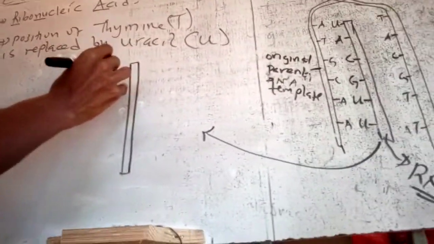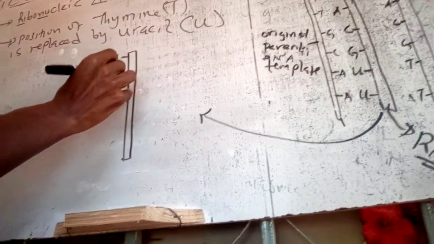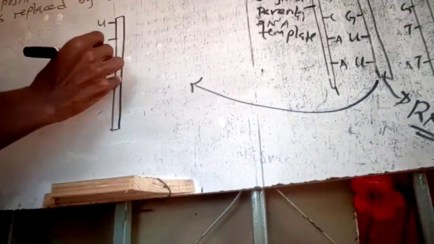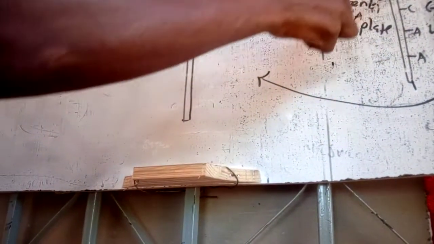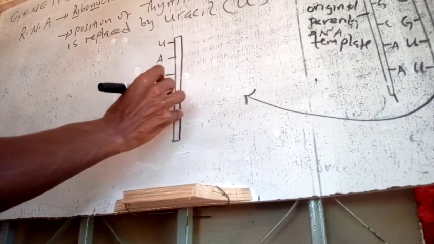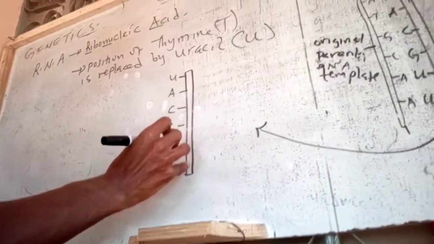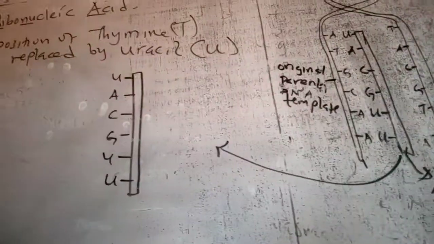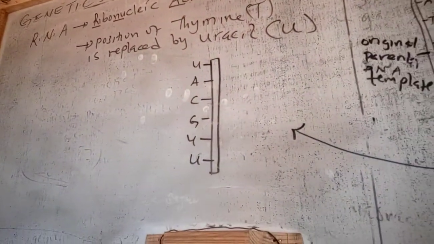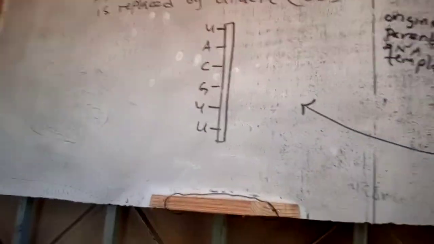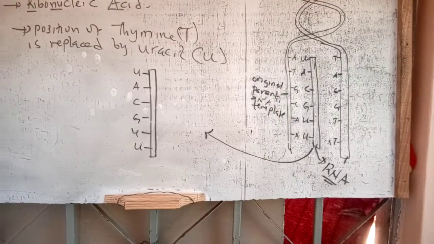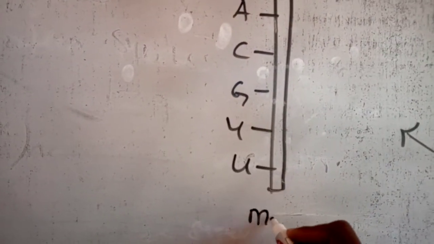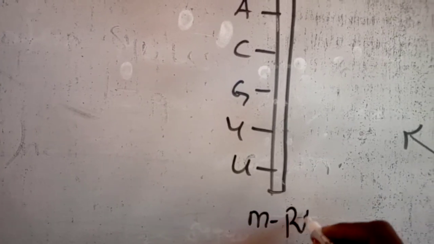Here on this side we have adenine, we have uracil, and here we have adenine and cytosine. You can see it is well illustrated here. Then we have guanine, then we have uracil, and finally uracil. And therefore you can see in this diagram we have the resulting RNA, and this is what we refer to as mRNA.